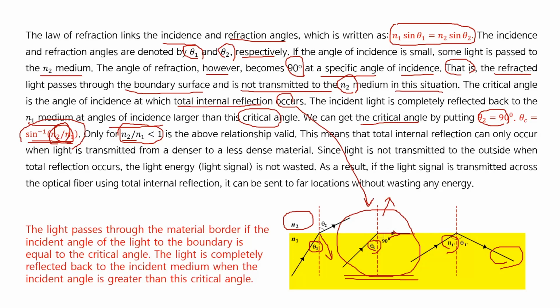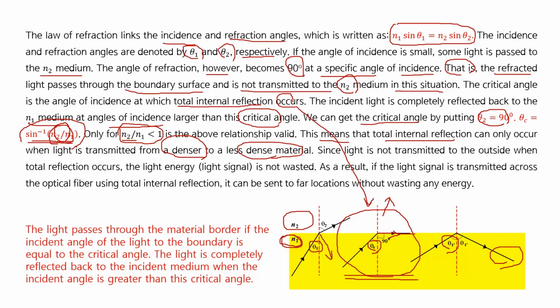So in that case, N2 is less than N1 is required. It means that if light is going from dense to less dense, then total internal reflection is possible. Otherwise, total internal reflection is not possible. This means that total internal reflection can only occur when light is transmitted from a denser to a less dense material.